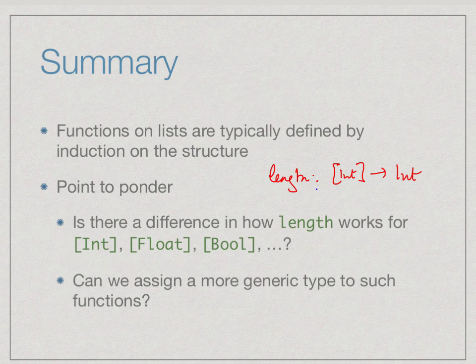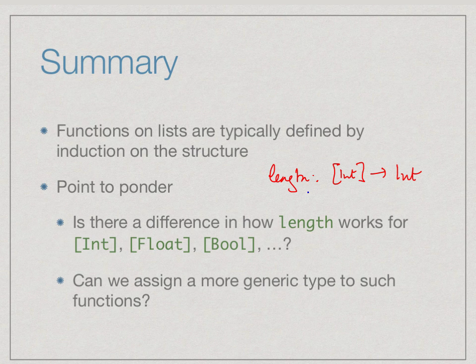Now, if we wanted to write length for a list of float, or a list of bool, or a list of car, or a list of anything else, then it is clear that the function will do the same thing. It will just say it is 1 plus the length of the tail. It doesn't have to look at the values inside the list. So the type of the value inside the list is really irrelevant to length.